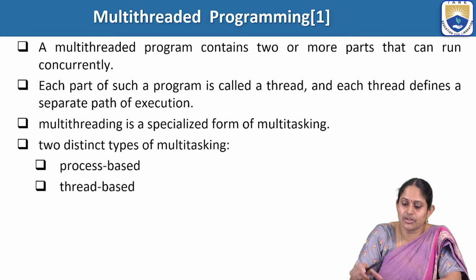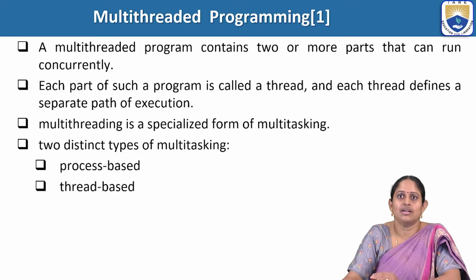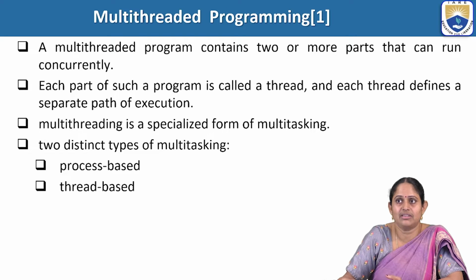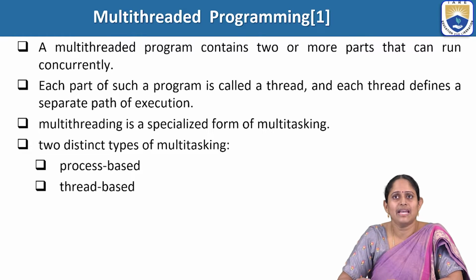Each of these chunks of work can be given to smaller processes called threads. When more than one thread executes at the same time, we can finish the work quickly. That is the main advantage of using multi-threaded programming.